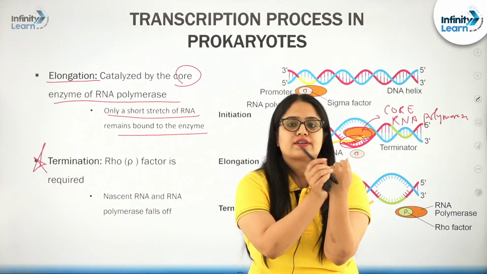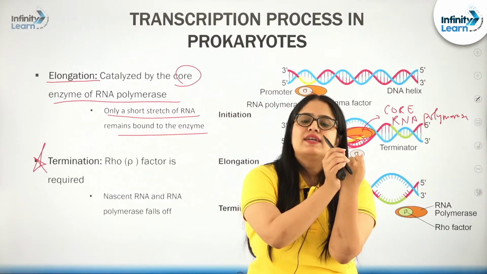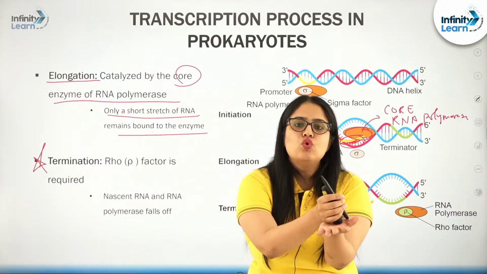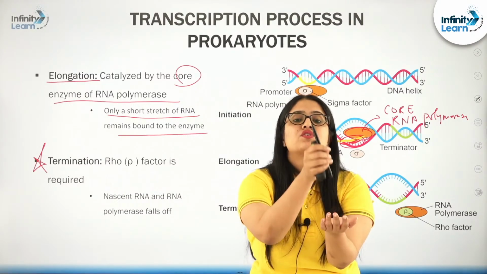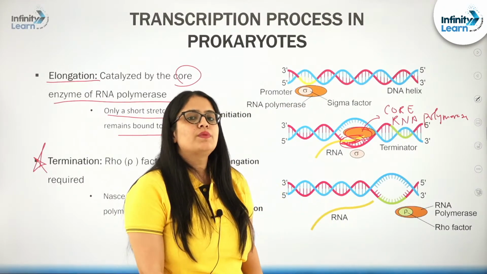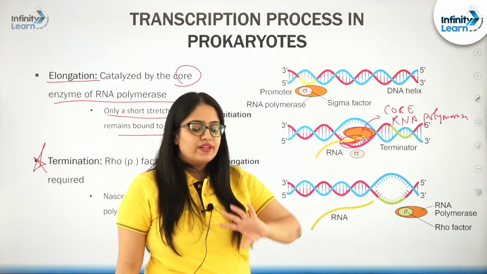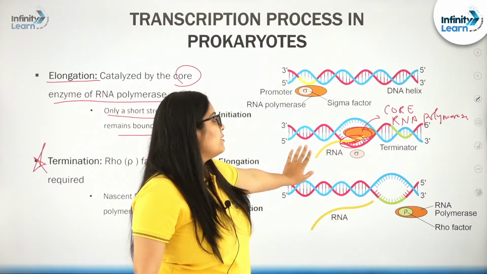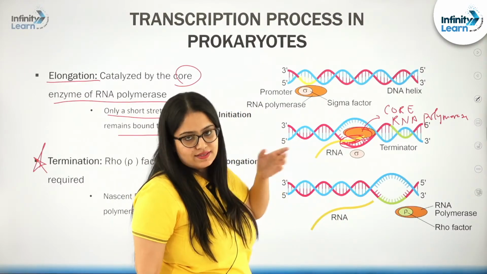Who? Rho factor. Rho factor will bind to the core of RNA polymerase and will stop the transcription process. When will this process of transcription stop? When this RNA is completely synthesized.